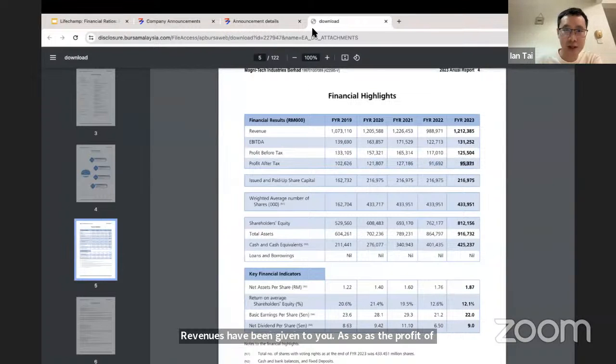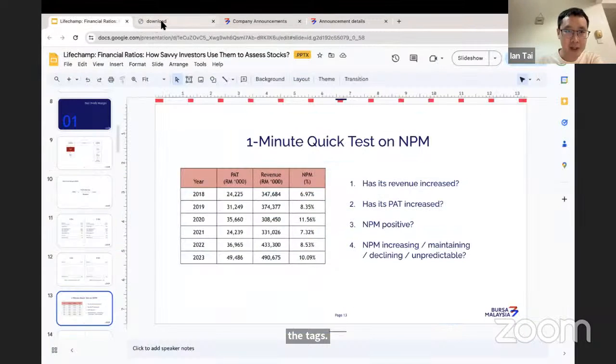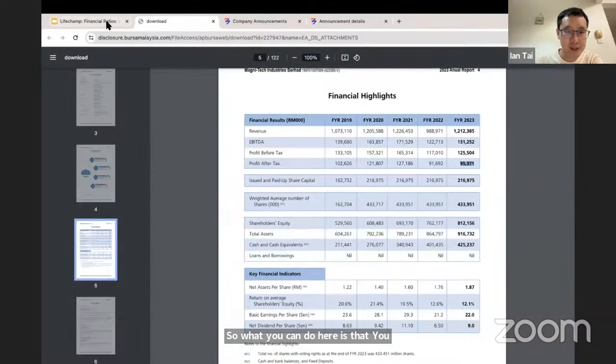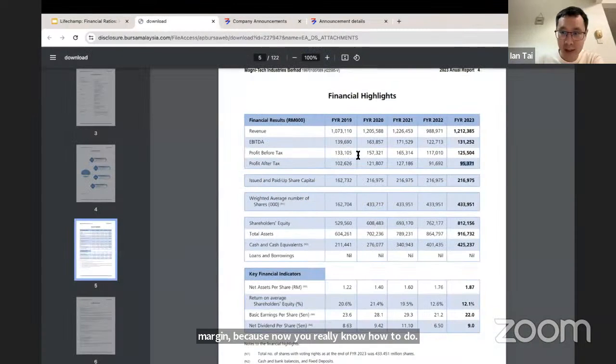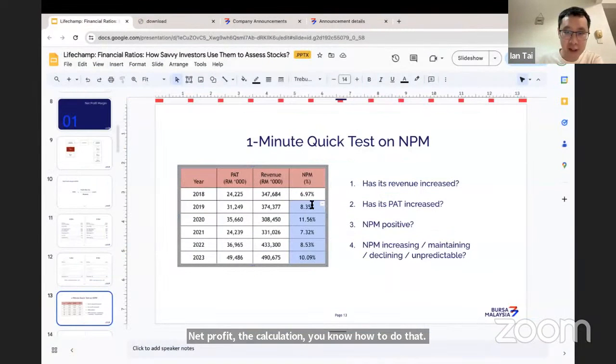So you can take all these figures and compute the net profit margin, because now you already know how to do the net profit margin calculation. Then from there, you find the pattern.